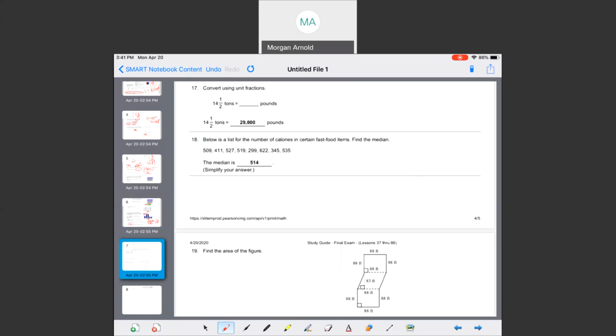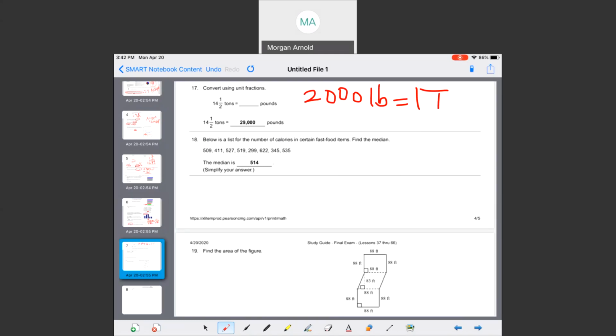Number 17 is another conversion problem. This one with English or American or customary units. 14 and a half tons is equal to how many pounds? Well, we know 2,000 pounds make up 1 ton. Again, you have to multiply here because you're trying to figure out 14 and a half times the amount.